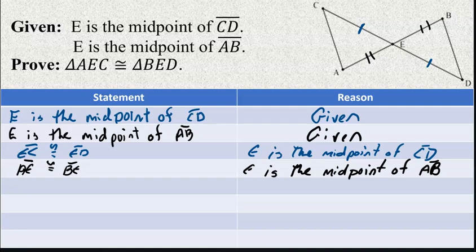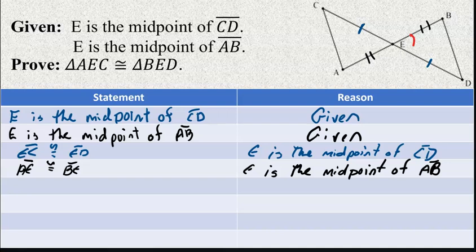Part of the challenges with proofs, which is a challenge with math in general, is that you need to be as precise as possible in your actions and in your language. So now what I have here is two sets of sides. And what I notice is I have a pair of vertical angles.